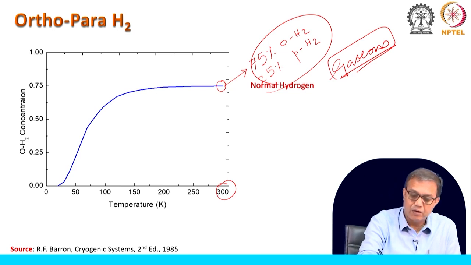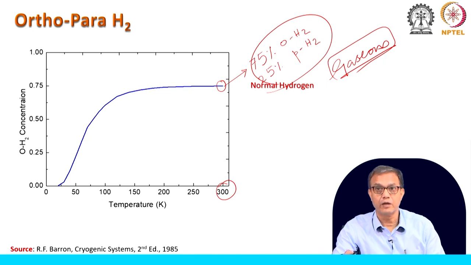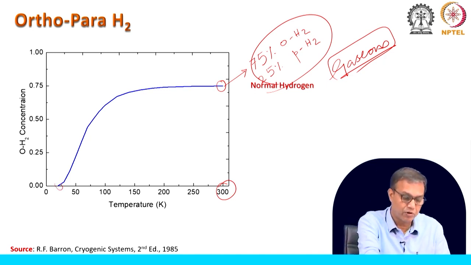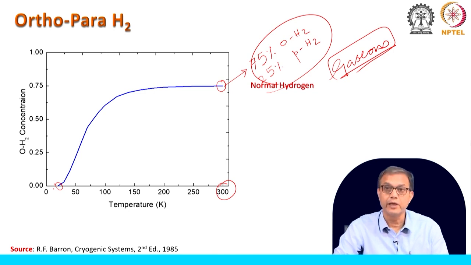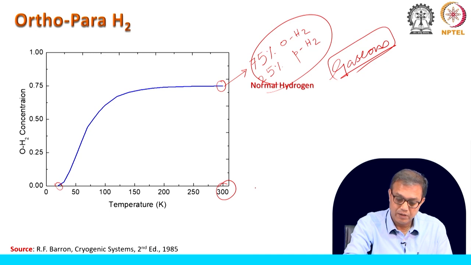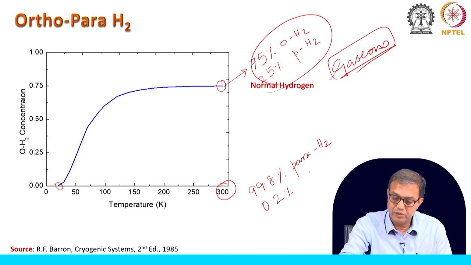And if we now try to liquefy it using any liquefier, bringing it to the normal boiling point at 20 K, we will have almost 99.8% parahydrogen and the remaining about 0.2% orthohydrogen.